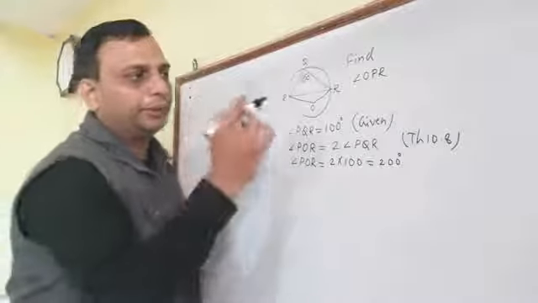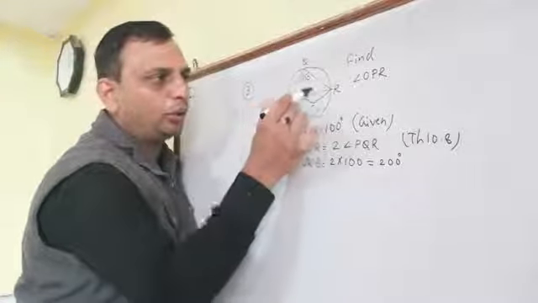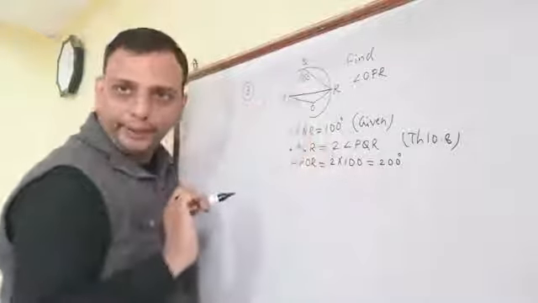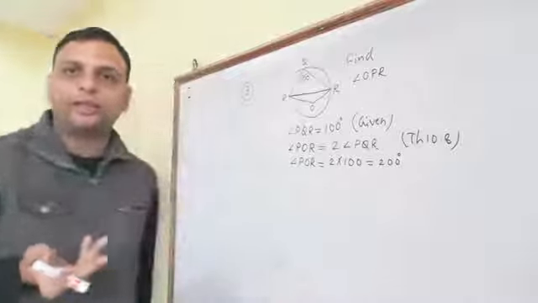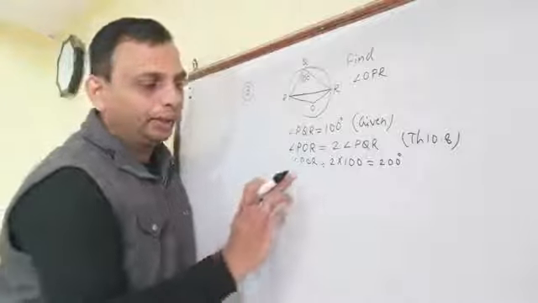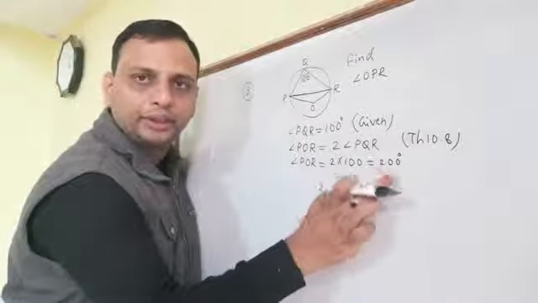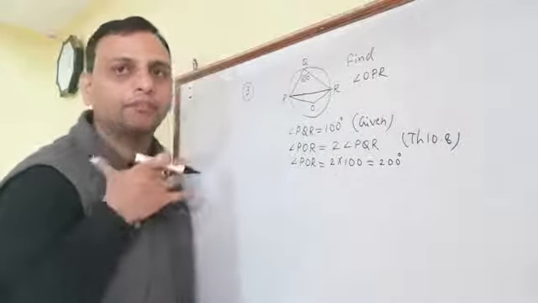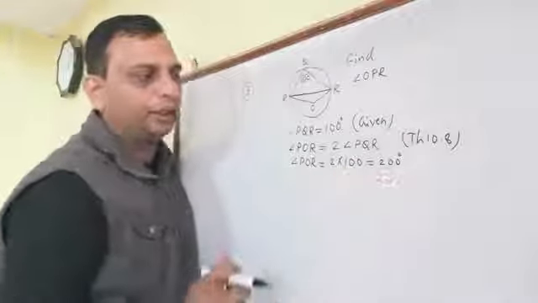But now you can see that POR is also a small triangle, and we know that all three angles of the triangle will sum to 180. So if one angle is 200, it is not possible, because the sum of the angles of a triangle is 180 degrees, and here we got 200. This means the angle is more than 180 degrees, so it clearly is the reflex angle. Now we have to convert this reflex angle.